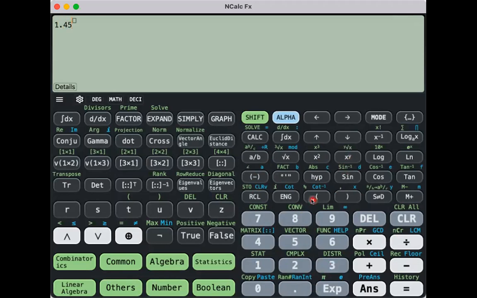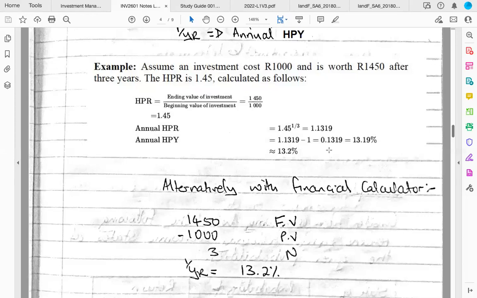Then we can say, open bracket, 1 divided by 3, 1 over 3, and then equal to, we get 1.13185. You see, that's how we got that answer. And then we can subtract 1, and that gives us the annual holding period yield.